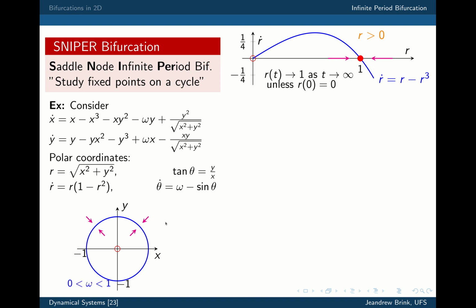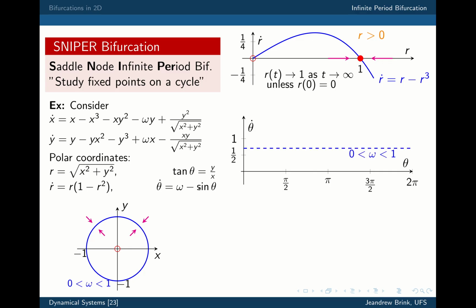If we, in addition, assume that omega lies between 0 and 1, we can go and analyze the 1D equation for theta as well, and we can simply plot it. It's a constant omega, which in this case is assumed to lie between 0 and 1, minus sine theta. So it's a displaced negative sine theta graph that we're looking at.